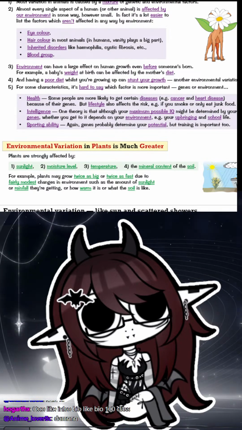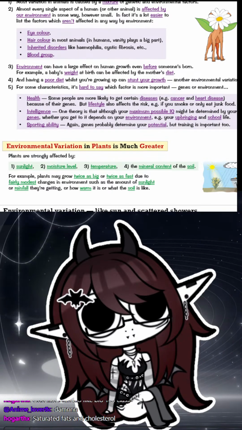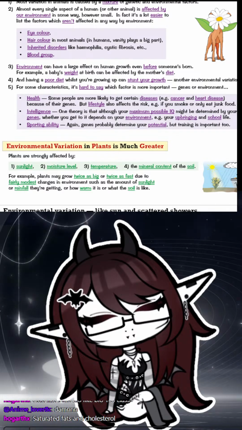Intelligence. One theory is that although your maximum possible IQ might be determined by your genes, whether you reach it depends on your environment, for example, your upbringing and school life. Sporting ability. Again, genes probably determine your potential, but training is important too.